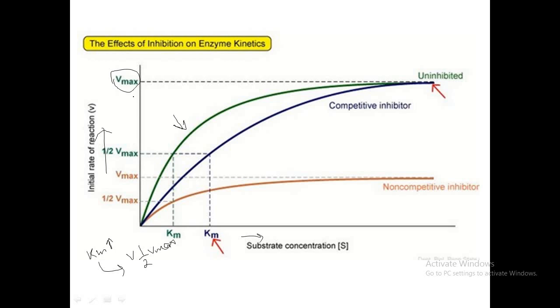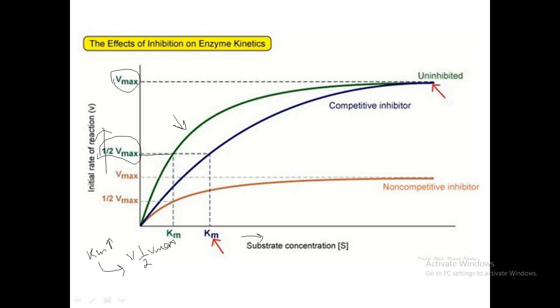Km is the substrate concentration at which V0 is half of Vmax. So when you look at half of Vmax, this is the point where V0 is half of Vmax, and Km is that substrate concentration.